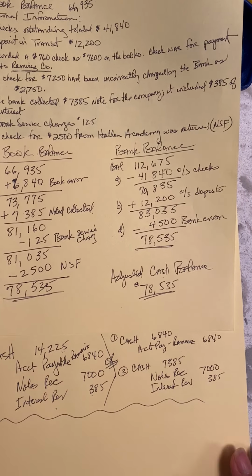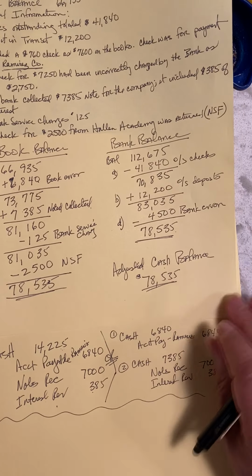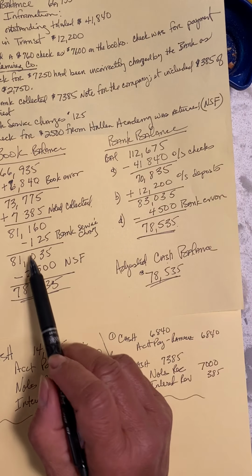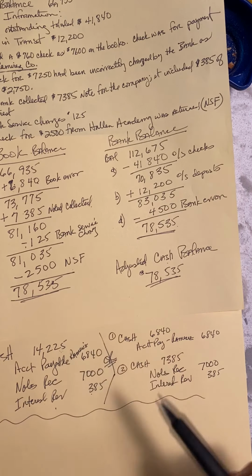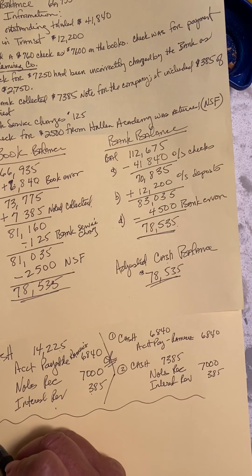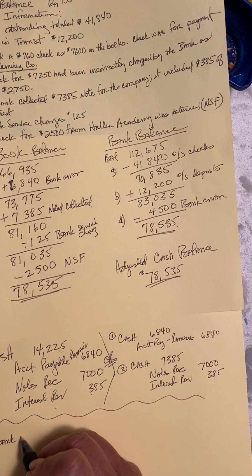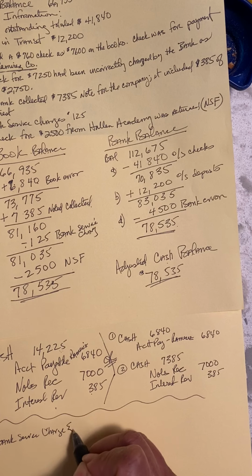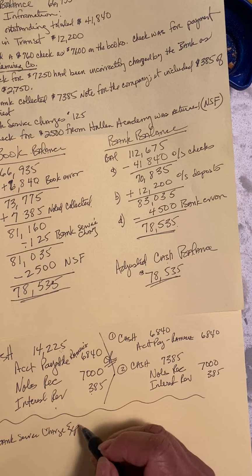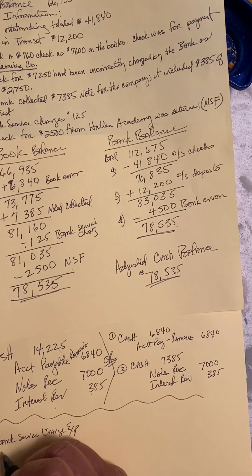And then the next one we want to do is record the negative amounts. And so the negative amounts are bank service charge and NSF check. So what we're going to do is we're going to debit bank service charge, expense, or sometimes the company will use miscellaneous expense.